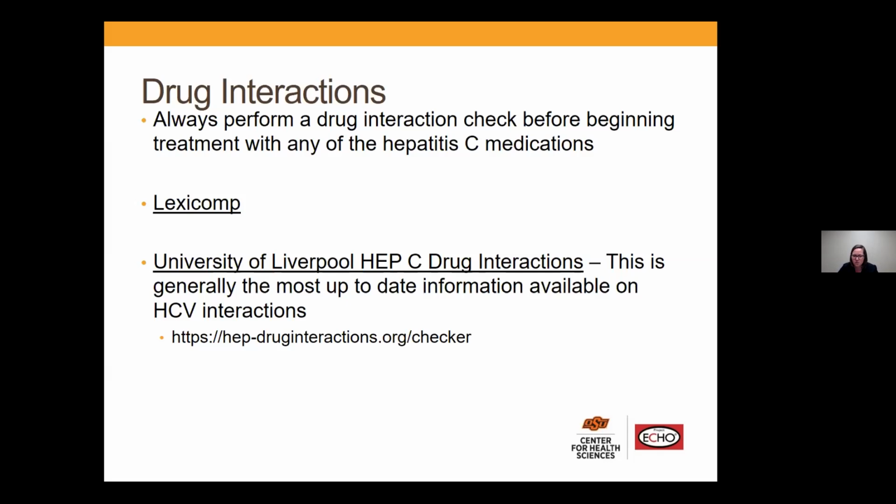And so it might be harder to specifically focus on those hepatitis C interactions. Here, the report will only show you interactions between the hepatitis C medications and the patient's medications. And it's really up to date. They update it very often as new information comes out.